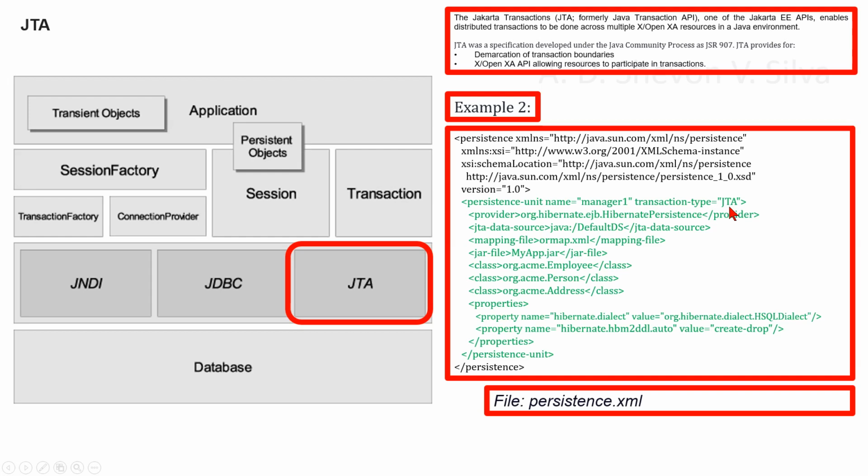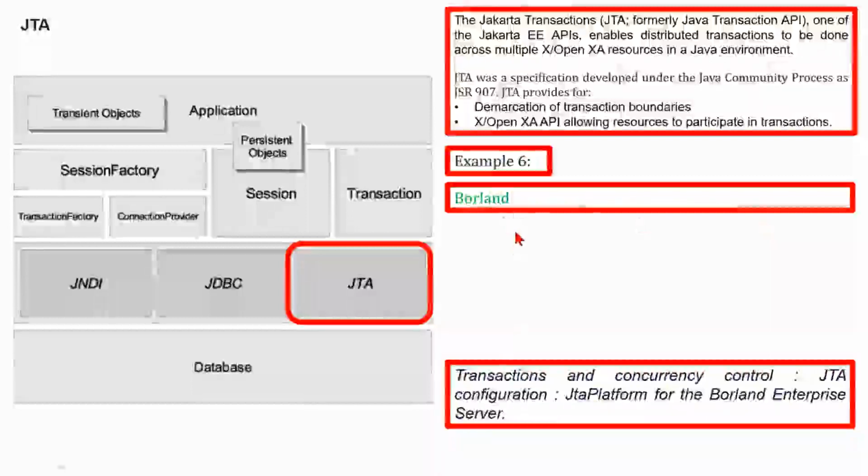When a JTA-data-source is used, the default is JTA. If a non-JTA-data-source is used, RESOURCE_LOCAL is used. And concurrency control.